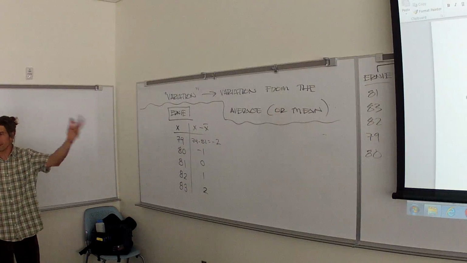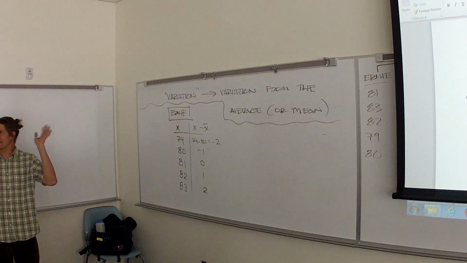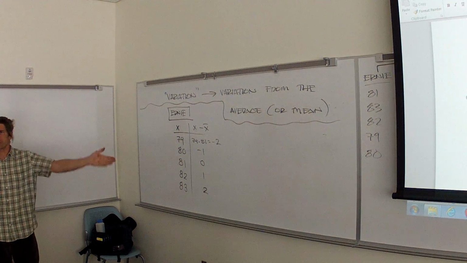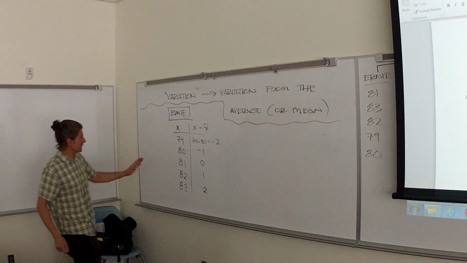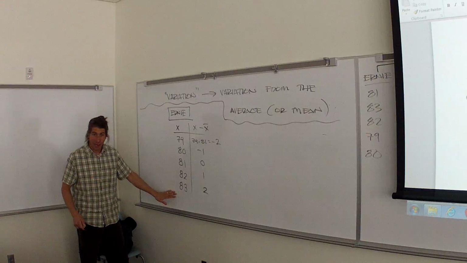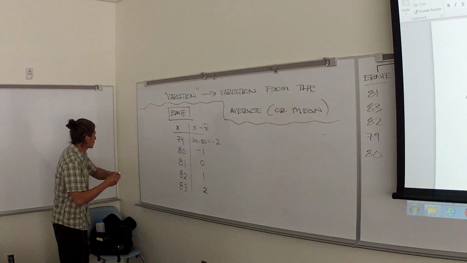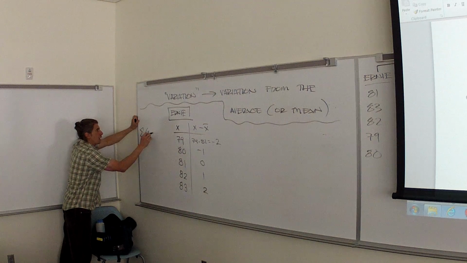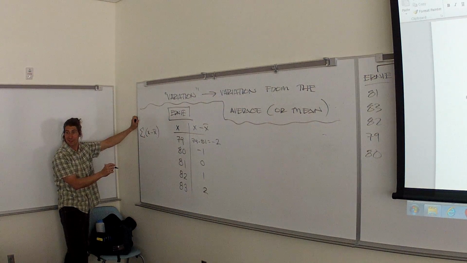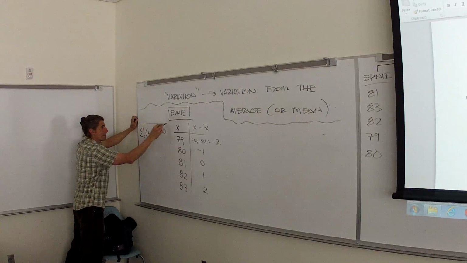Bert's deviations were, I forget what they are now. The problem is, no matter what data set you start with, and no matter what average it has, the summation of those deviations is always going to be 0.